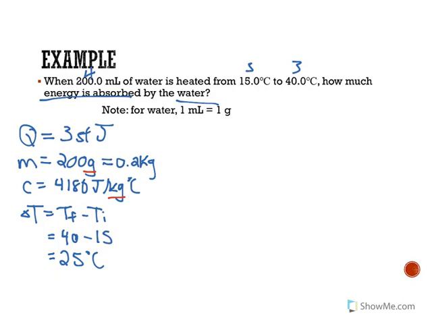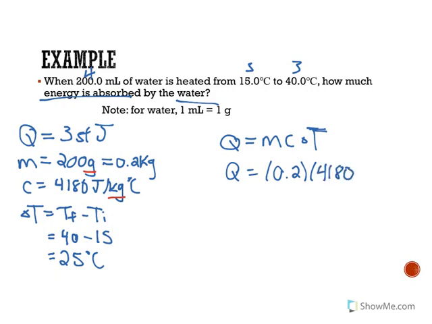So now we write out our equation. Q is equal to mc delta t, and we plug in our variables. So Q is equal to our mass, 0.2, times our specific heat, 4180, multiplied by 25.